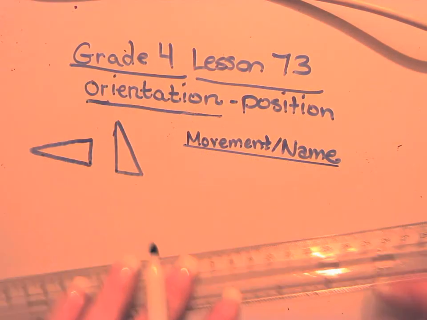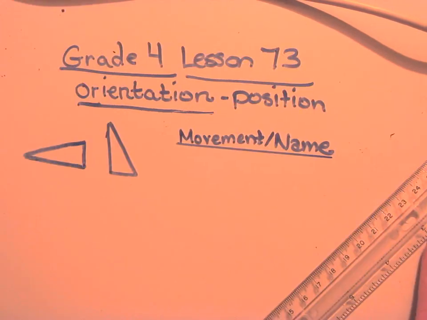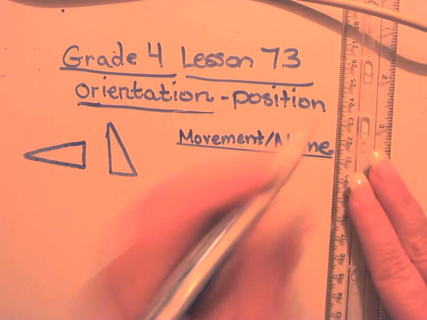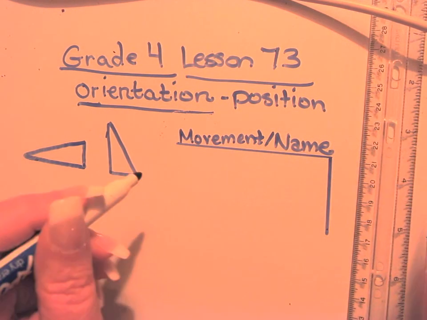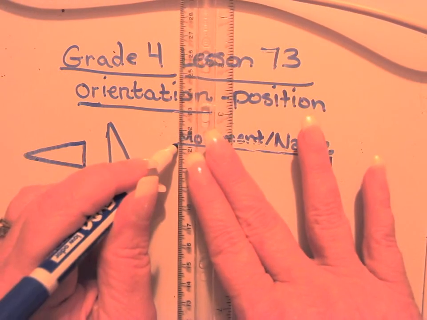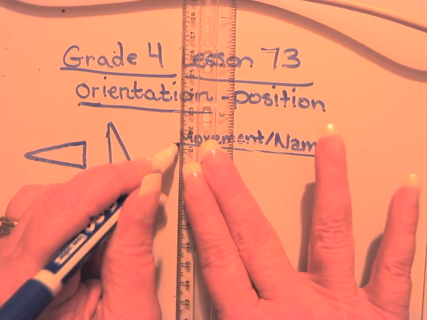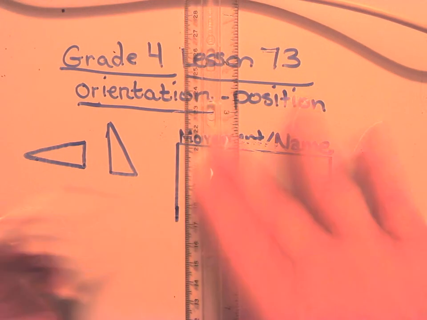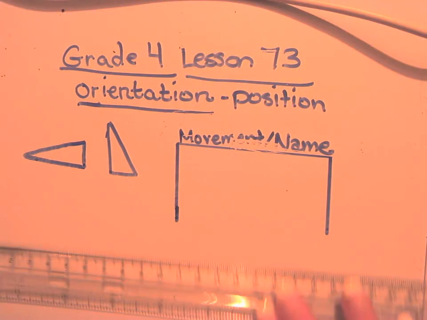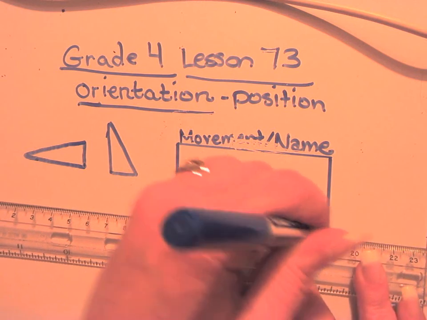So movement and name. We have 3 different movements and 3 different names, and I have little ways to help you remember which is which, especially when you have to write down this is this or this is that. It can give you some easier ways to remember.